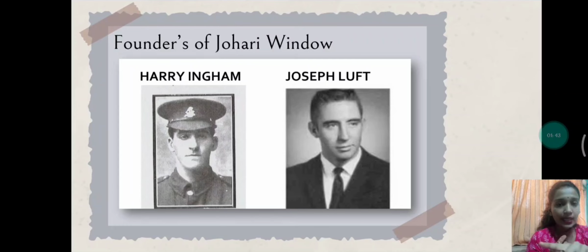This Johari Window technique was developed by the psychologists Joseph Luft and Harry Ingham in 1955 in Los Angeles. This model was basically for self-help groups and for corporate settings, where in a self-help group you help yourself to improve certain things.